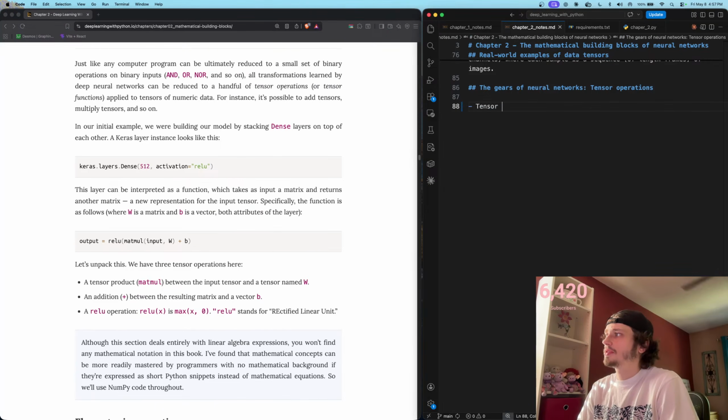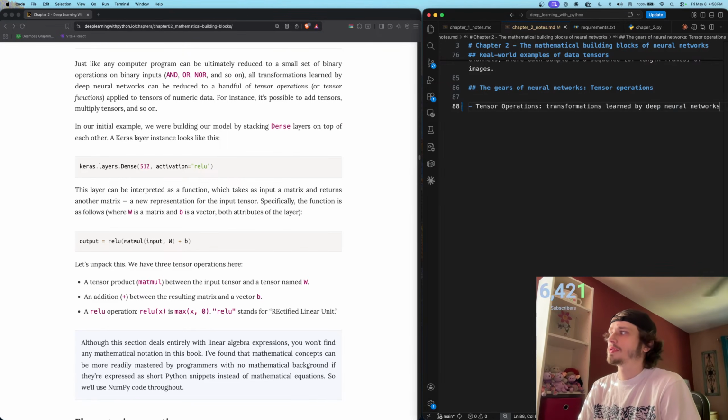So we'll say tensor operations: transformations learned by deep neural networks that can be reduced to a handful of tensor operations, or tensor functions, applied to tensors of numeric data.